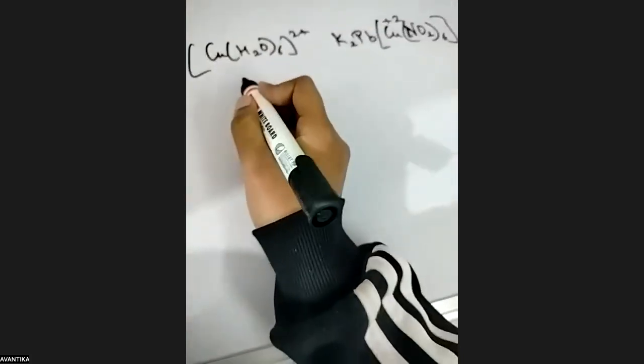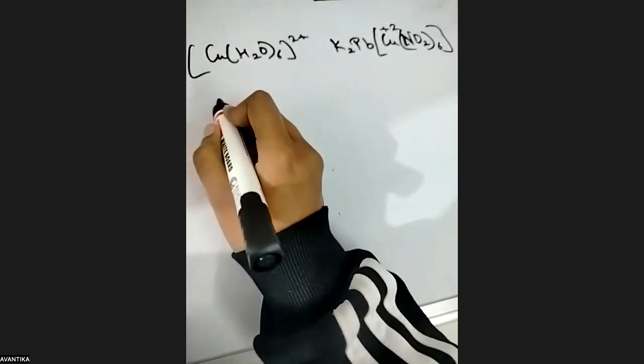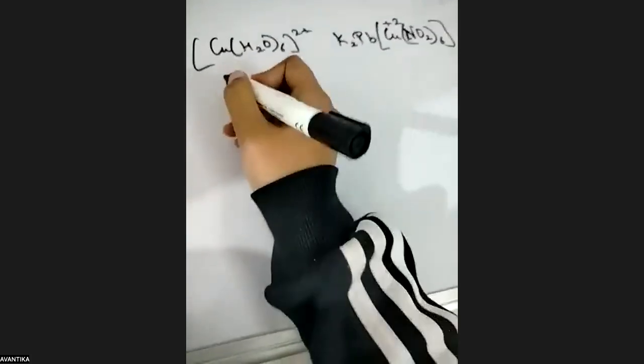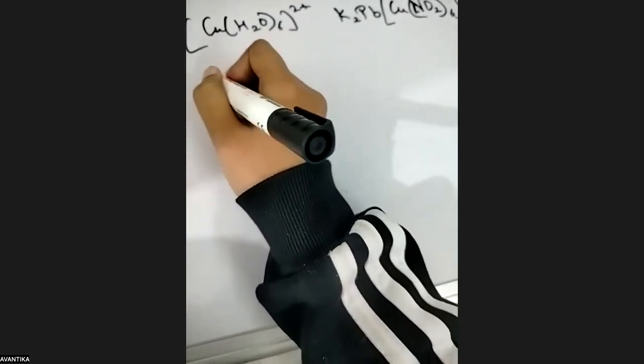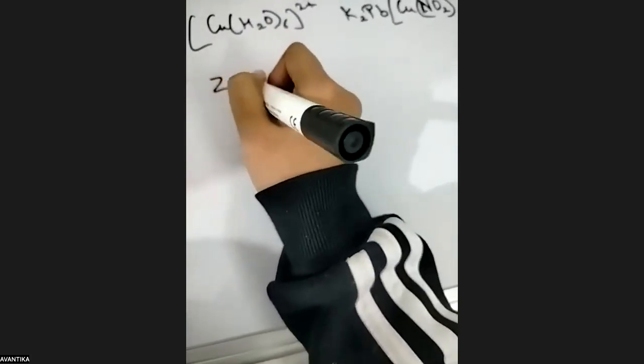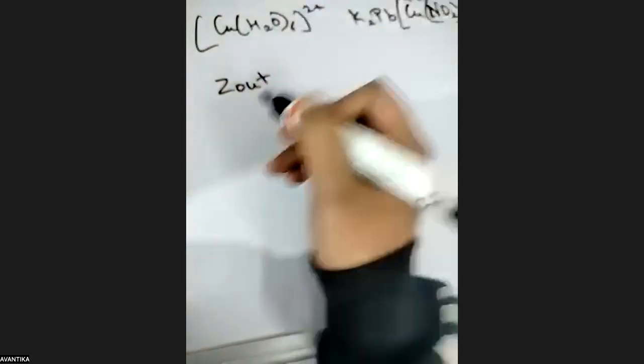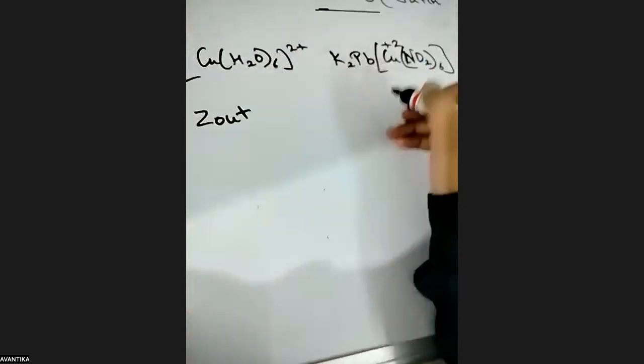We have now discussed the case of [Cu(H2O)6]2+ with diagram. So here it has come out that it has Z out JTD. But if we take the case of [Cu(NO2)6], we have observed that all bond lengths are equal.